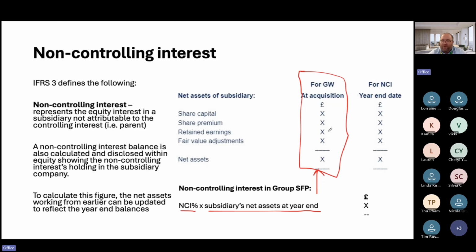Because generally in most AAT questions, there'll be no more shares and no more share premium, but retained earnings will have changed, because they will have delivered some additional profit between the acquisition date and the year-end date. So the non-controlling interest has seen an increase in retained earnings.